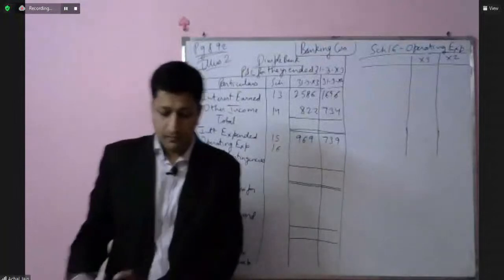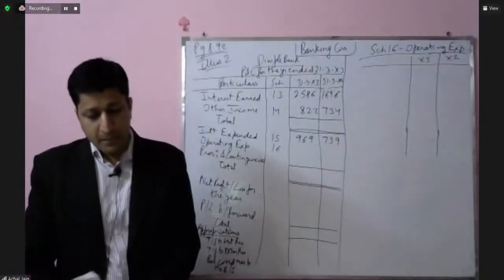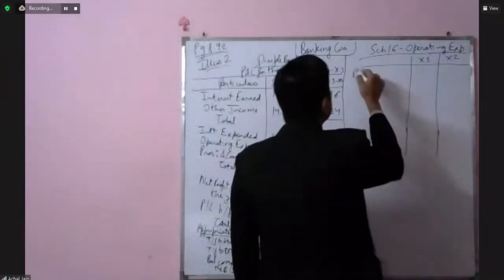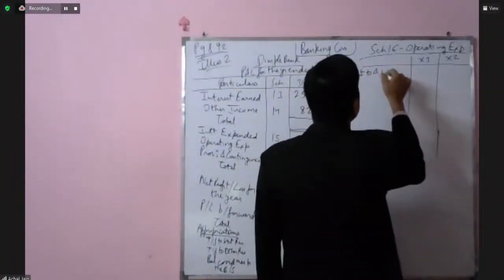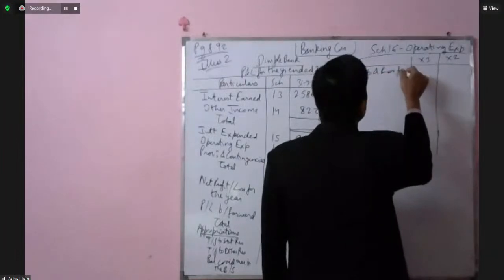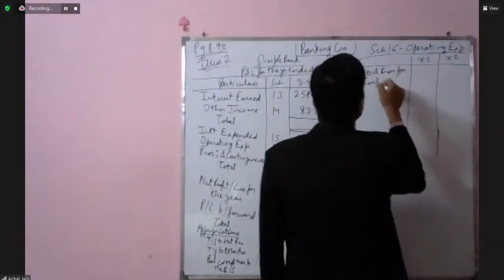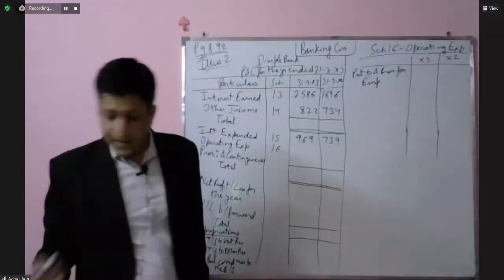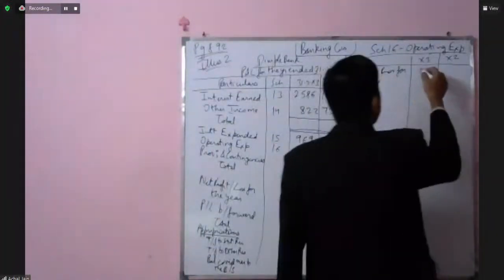Okay, so now we will start plotting the items. Payment to and provision for employees. So this is 855, 727.